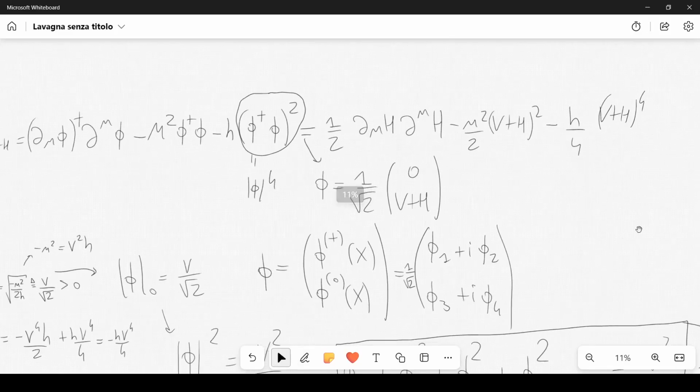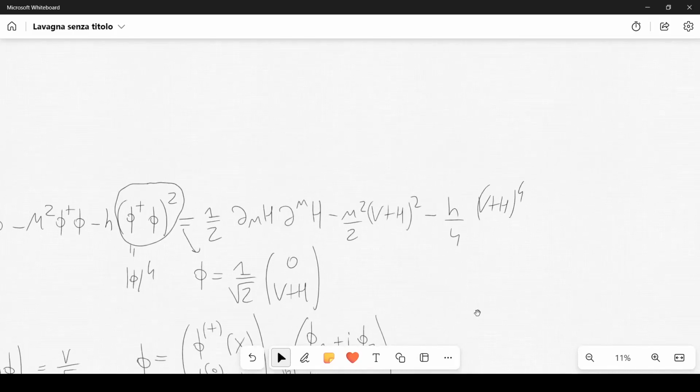Now we can define, as usual, the mass squared of the Higgs boson as minus the second derivative of the Lagrangian with respect to h twice. And remember that we have to set all the fields equal to 0.